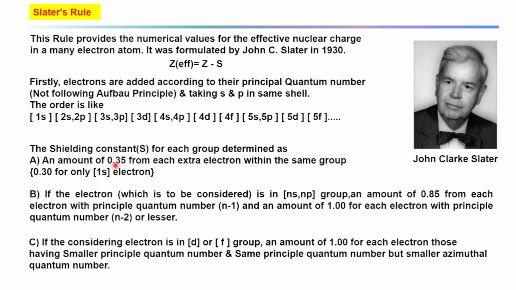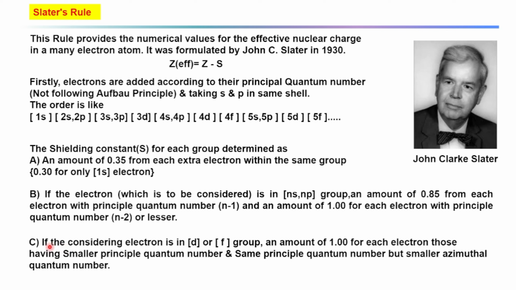These are actually called groups. This one is one group you have created, this one is another group. You have grouped the electrons for determining this shielding constant. If the electron which is to be considered is in the ns or np group, then an amount of 0.85 from each electron with principal quantum number n-1 and an amount of 1 for each electron with principal quantum number n-2 or lesser.